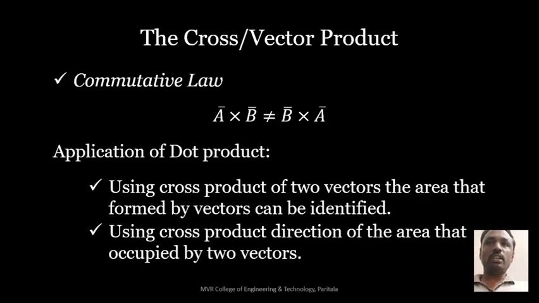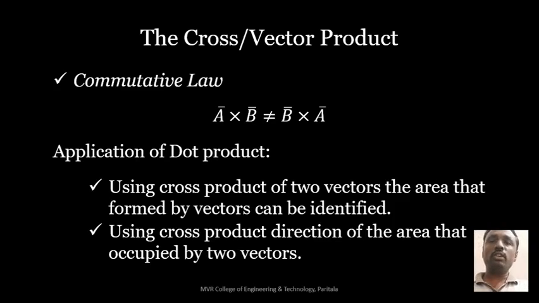So next one, using cross product, direction of the area that is occupied by two vectors can also be identified. So what is the direction here? We need to talk about two things. First one is magnitude and the second one is direction. That means the magnitude will give the result of the triangle that was formed by A bar and B bar.